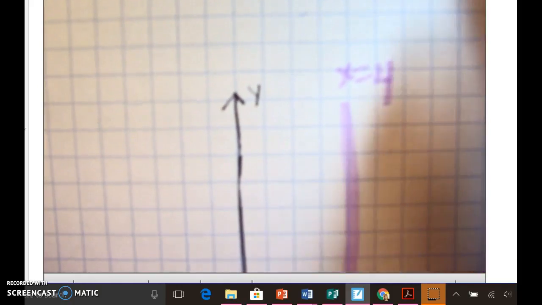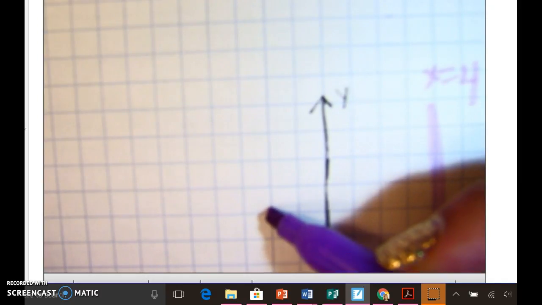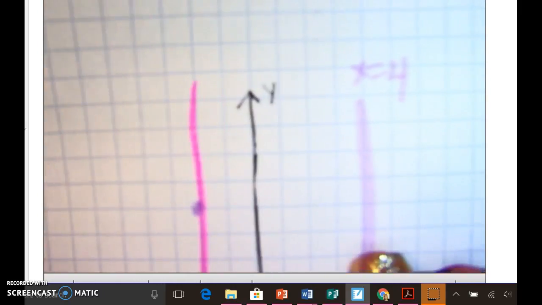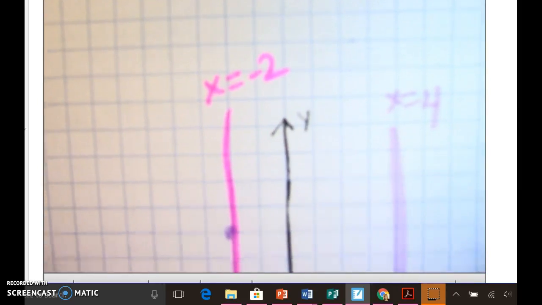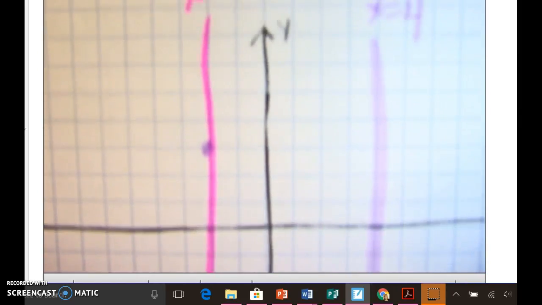I want a line that is parallel to this and passes through -2, 3. The only line that it could be, if it's parallel, then x has to equal that -2. They're parallel, they're not going to touch, and it goes through that point.